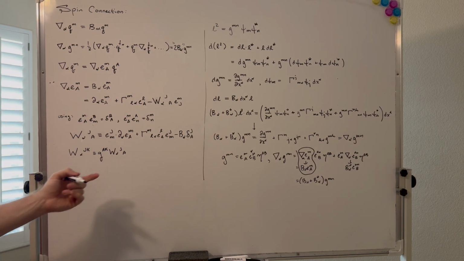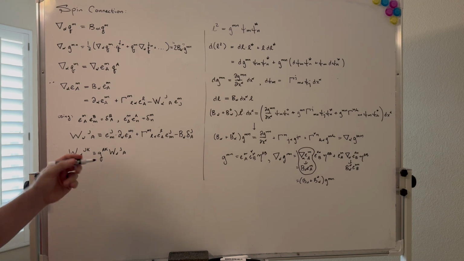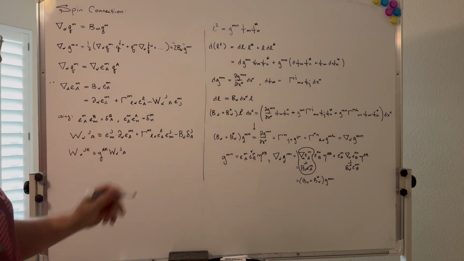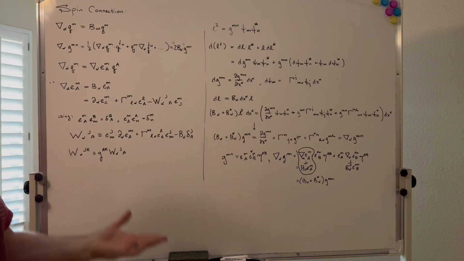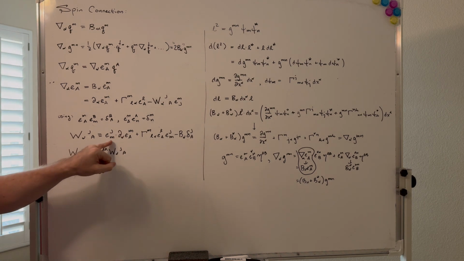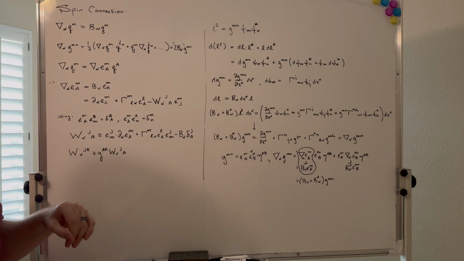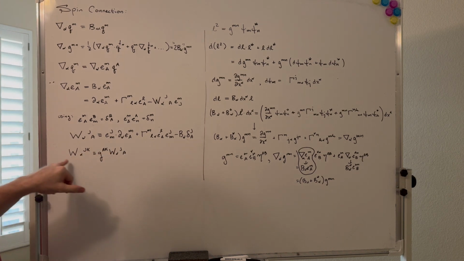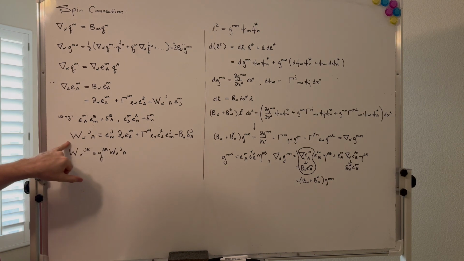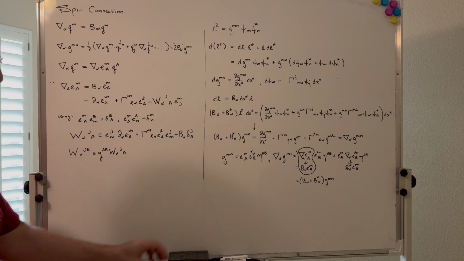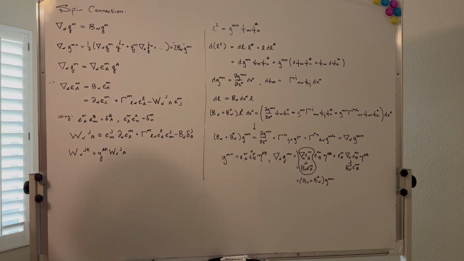And much like before, we now have a new W. So instead of omega, I'm calling it W, related to our tetrads in our complex space of a certain number of dimensions. I'm using a Latin index now instead of a Greek one because we're in a complex space. I'm still using capital letters to represent the flat version of that. So this allows me to create a version of this that works in our complex space as a spin connection.